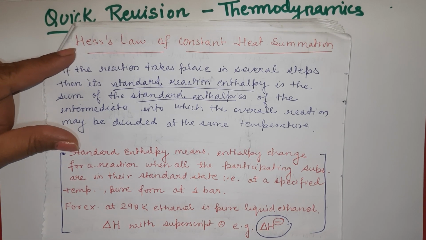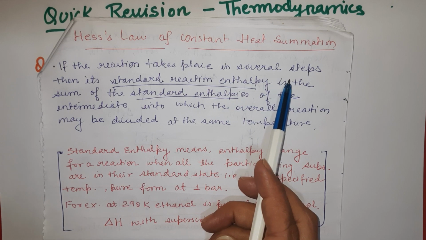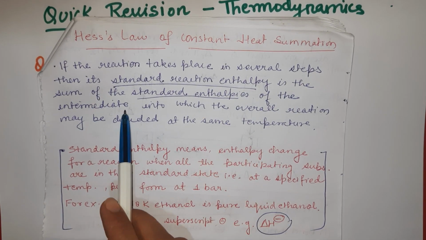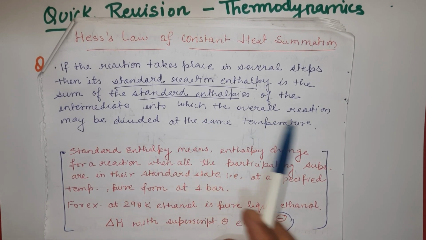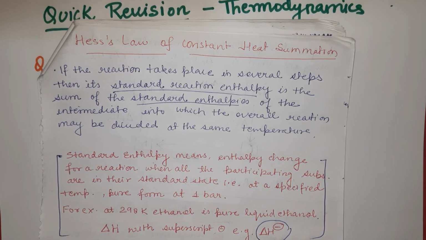The statement says that if a reaction takes place in several steps, then its standard reaction enthalpy is the sum of the standard enthalpies of the intermediate steps into which the overall reaction may be divided at the same temperature.